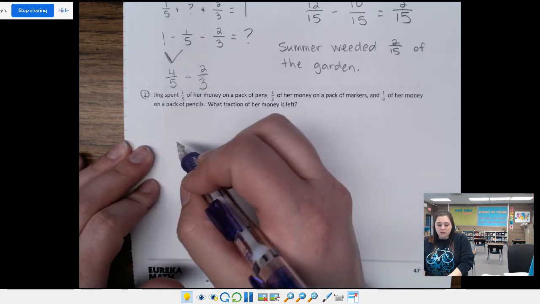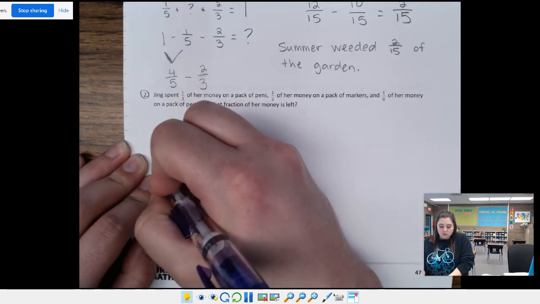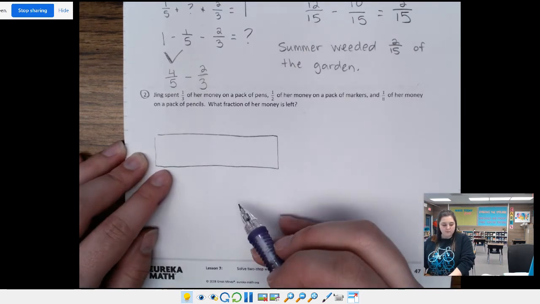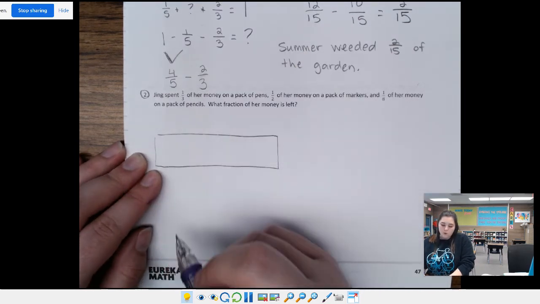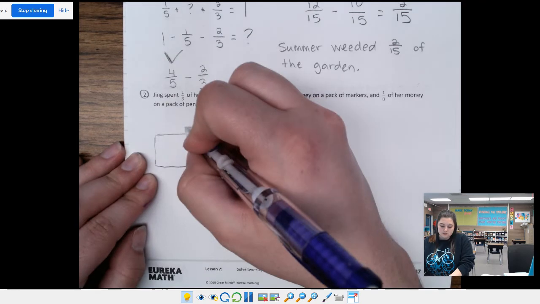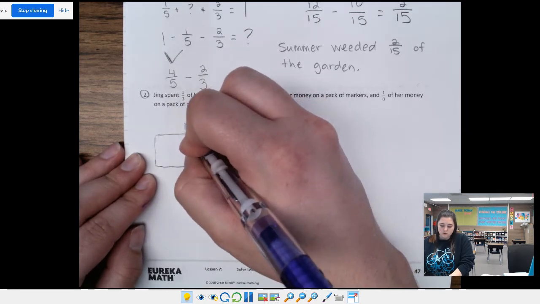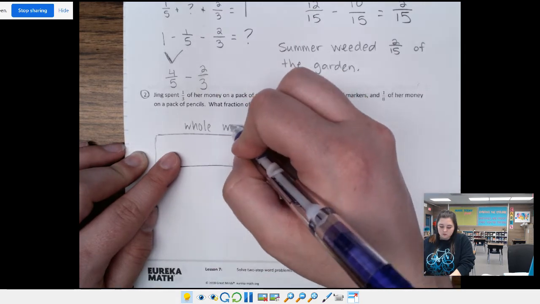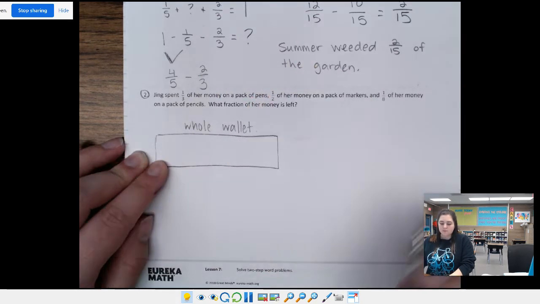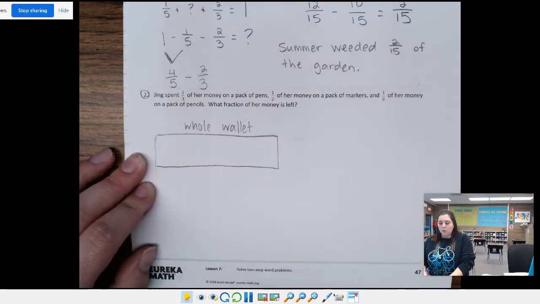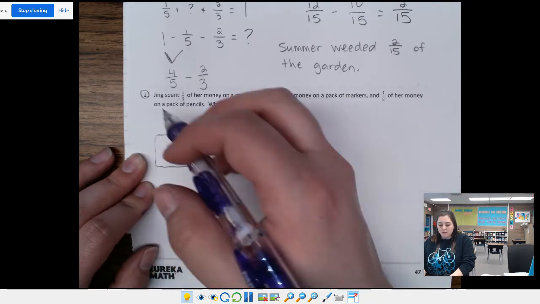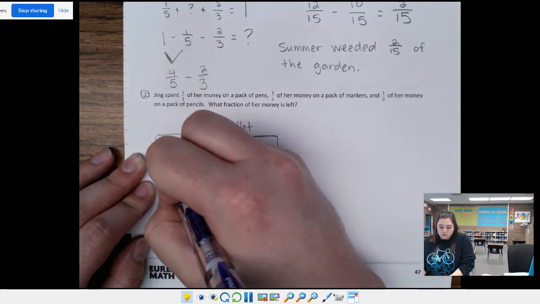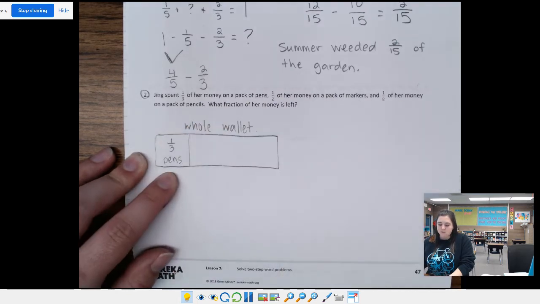But if you want a little bit of help, let's envision Jing's wallet. So this is her whole wallet. What do we know? Let's say her whole wallet, or all her money. Okay? We know that 1/3 was spent on pens. 1/3 was spent on pens.